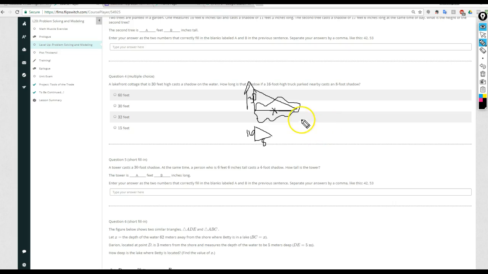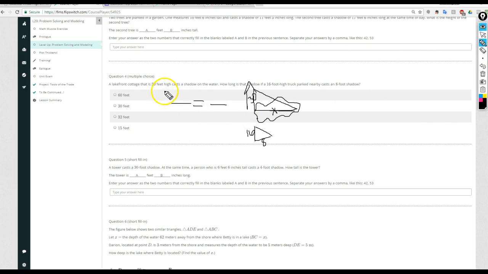And if you didn't want to set up your diagram, you could remember that your ratios are going to be the height of the cottage, so 30 feet, so height will be compared to height.